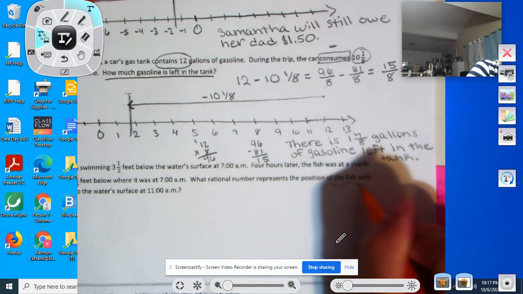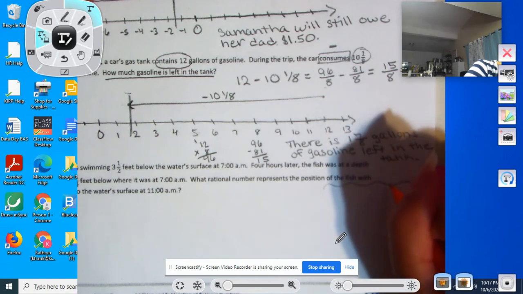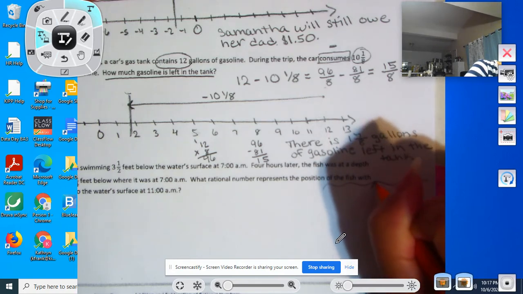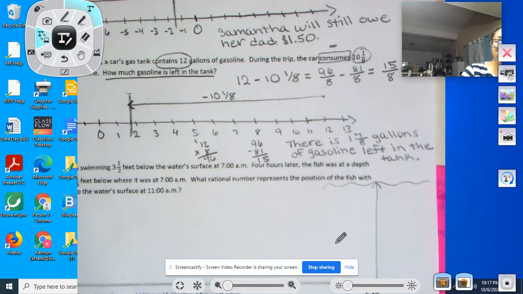So I'm going to make some water here. Okay. And I'm going to make us a number line. And our number line is going to represent the depth as we're going lower and lower.